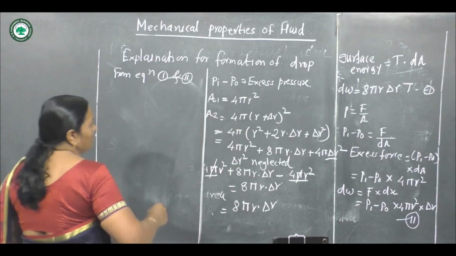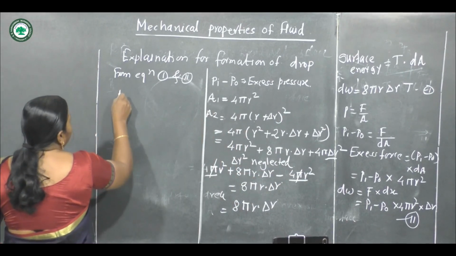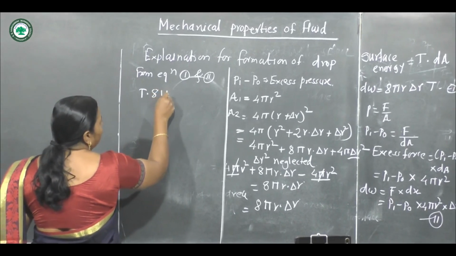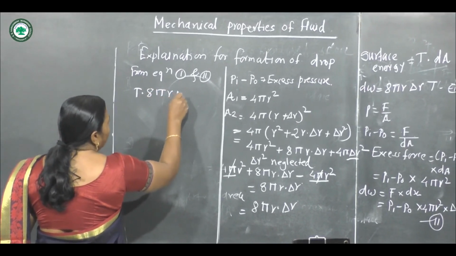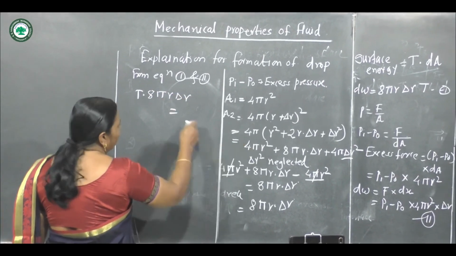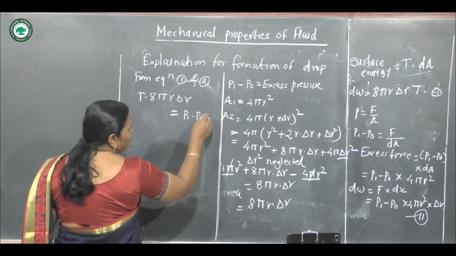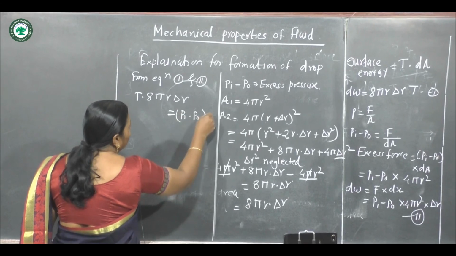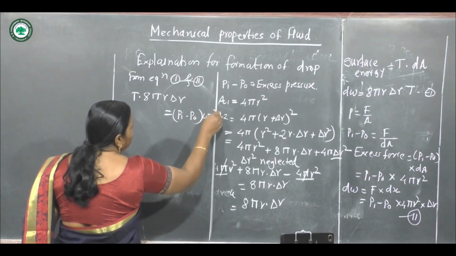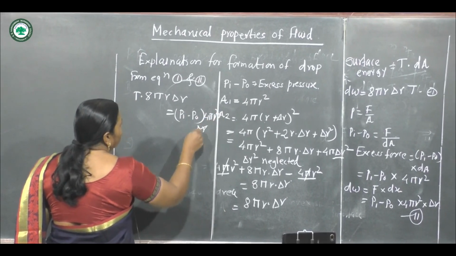Then we can say that T into 8 pi r delta r is equal to the second equation, Pi minus P0 into 4 pi r square into delta r.